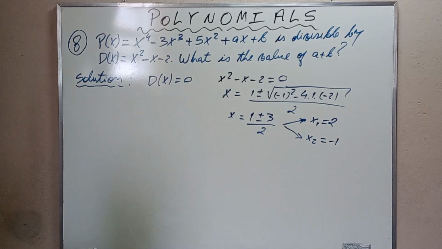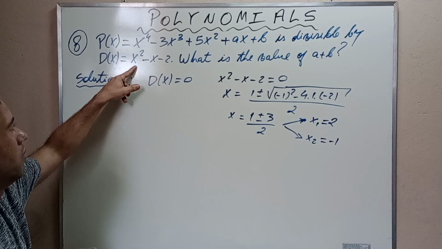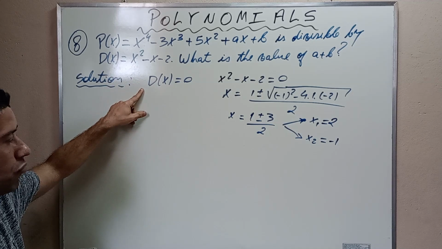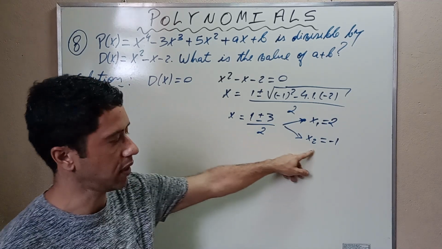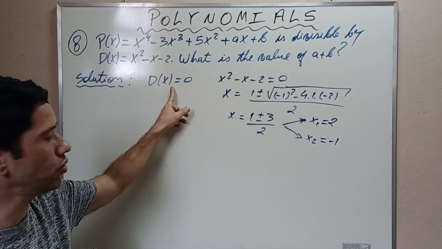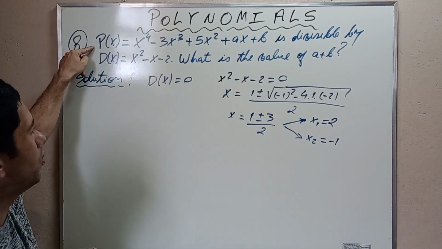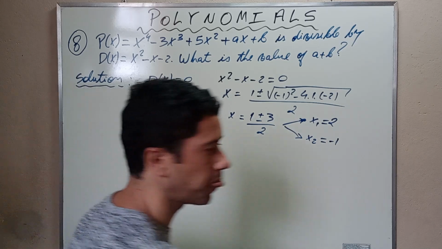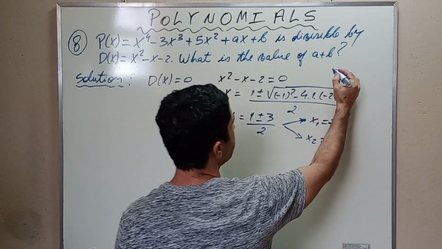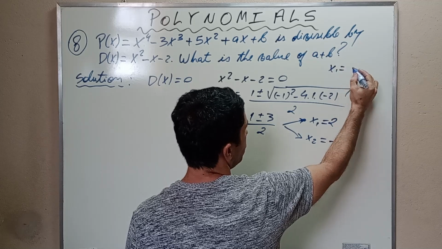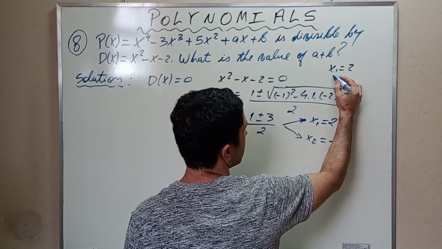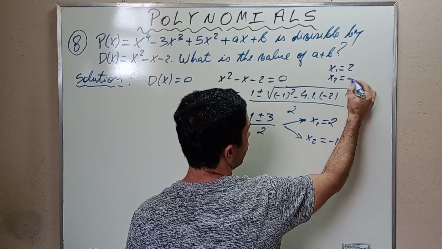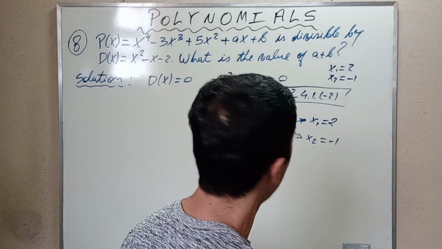These are the roots of D of x. If they make D of x 0, they will also make P of x 0, okay? This is the idea of the exercise. Let's save them here, because we need to erase the board for some room.